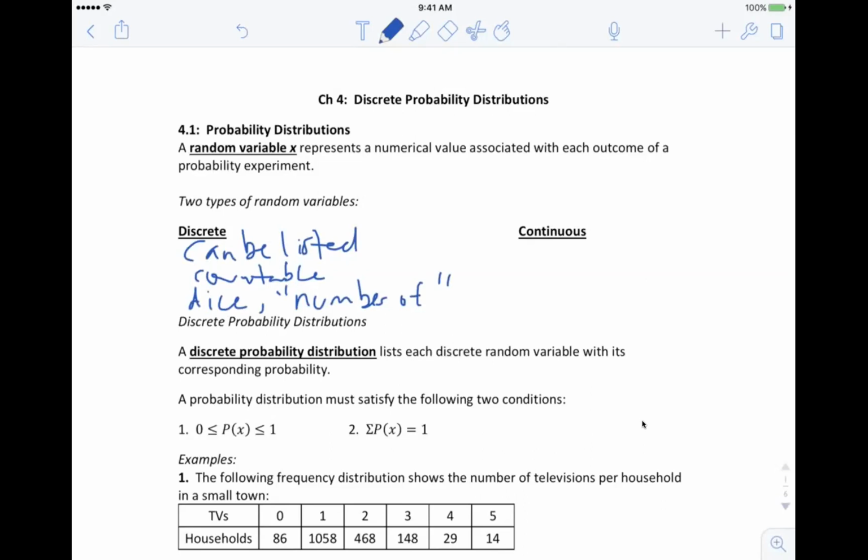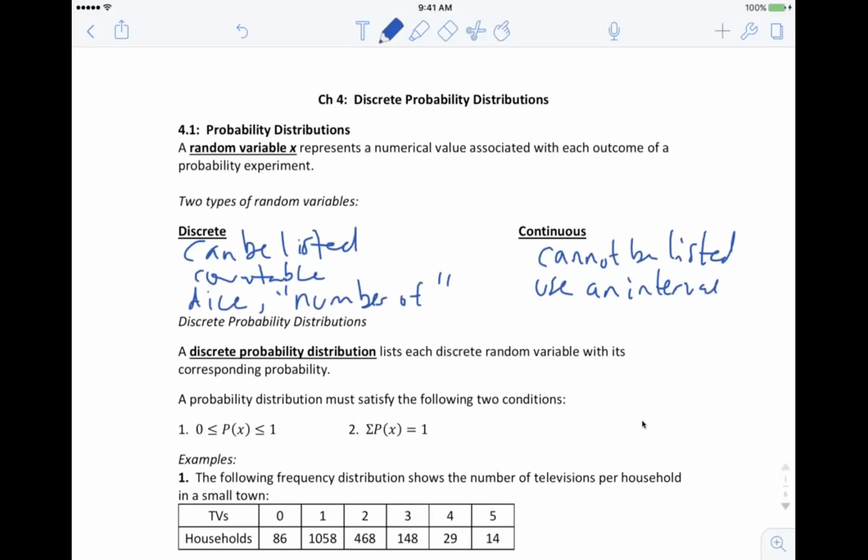Okay, now the other one is continuous. Continuous, you cannot possibly list all possible outcomes. So we could say cannot be listed. It's uncountable, right? Or usually you'd use an interval to describe the possible outcomes.